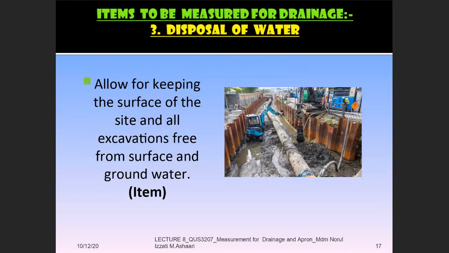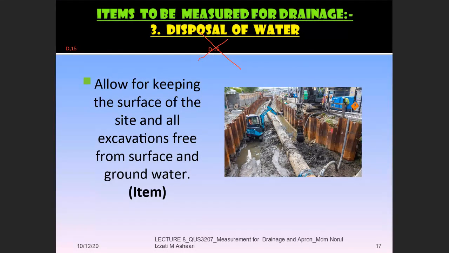Now, next one, we have the disposal of water. How many items are to be measured for disposal of water? Basically, we have 2 items. If you refer to your SMM, we have D.15, and then we have another one, D.16. For underground drainage, you have to measure both. But for surface water drainage, you don't have to measure disposal of groundwater, because normally we do not dig out the water until that particular depth.